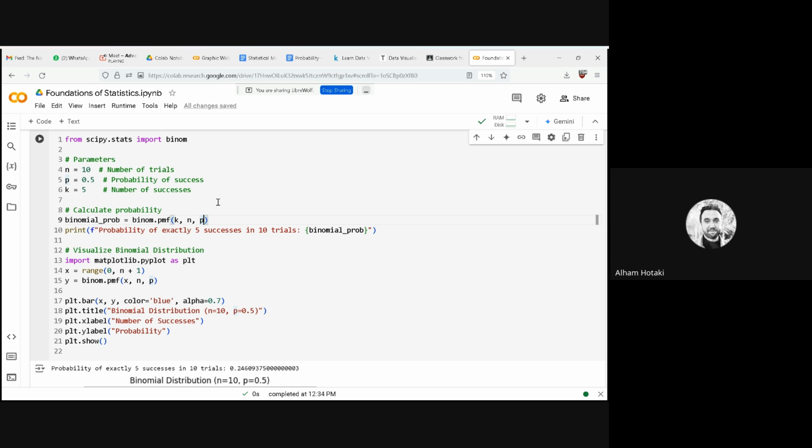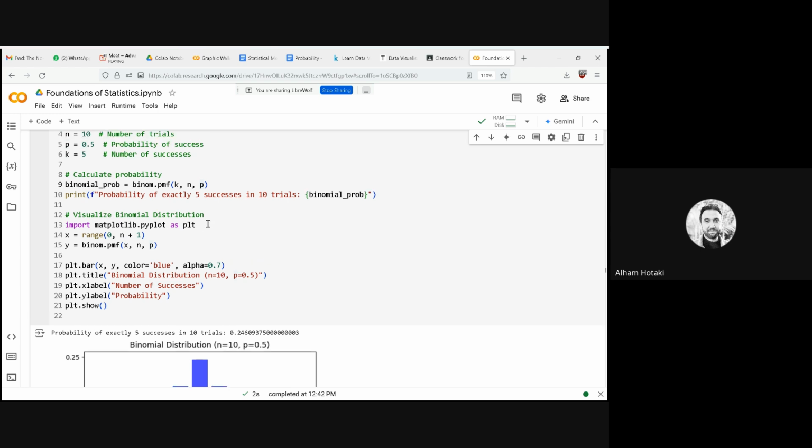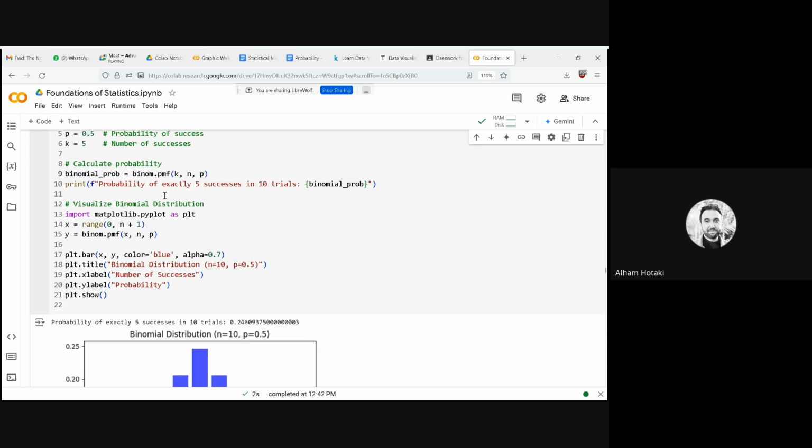That's 0.5. Now, the probability of exactly 5 successes in n trials is 0.2425, almost 25%. Almost 25% is the binomial probability here in this function.